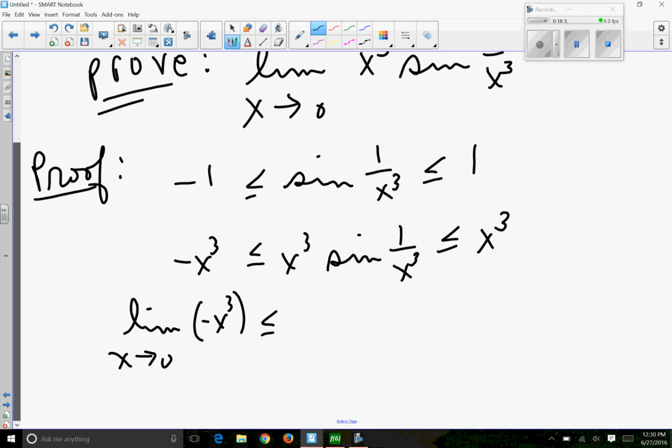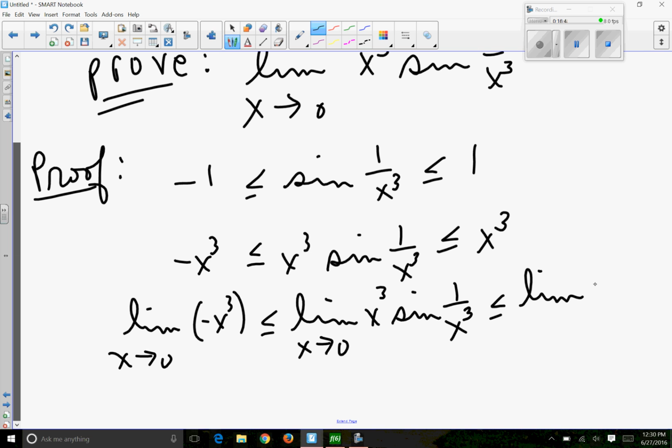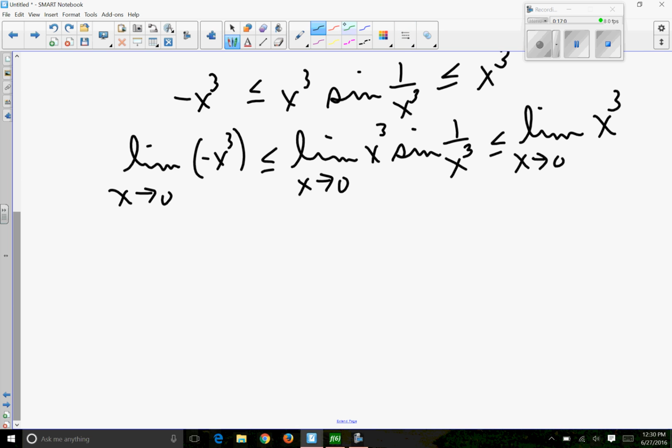Copy the less than or equal to. The limit of this middle piece, x cubed times the sine of 1 over x cubed, as x approaches 0, less than or equal to the limit of this third part as x approaches 0. So I just rewrote the line above it and put limit x approaches 0 in front of each. And this limit is found by substitution. Just replace x with 0.